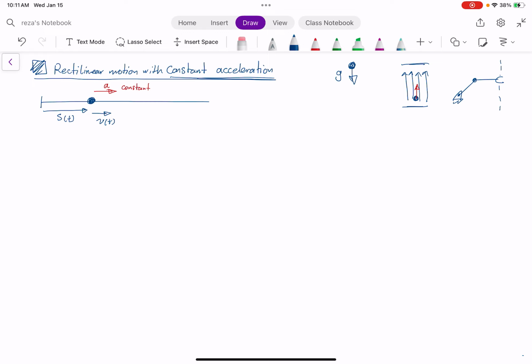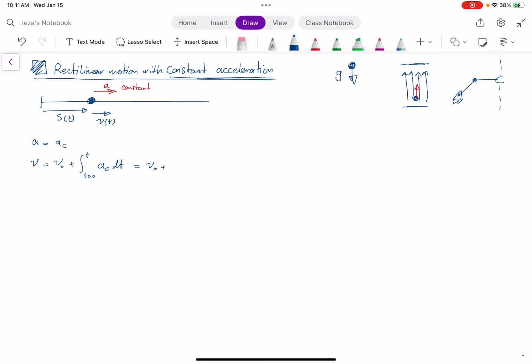Okay, going back to our equations. I know acceleration is constant, so A equals, let's call it A_C to emphasize it is constant. Now we saw that velocity v at any time equals v at the initial time plus the integral from t equals 0 to t of A_C dt. A_C is a constant value, so it can come out of the integral.